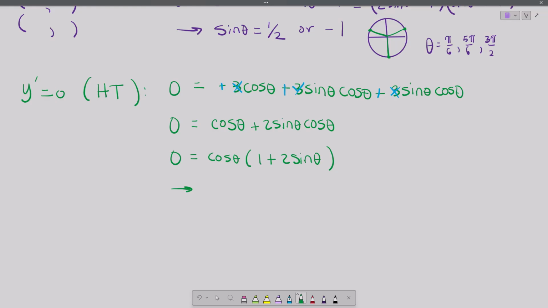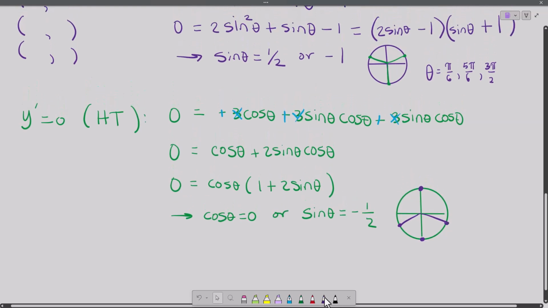This tells us that cosine of theta is 0, or sine of theta is negative 1/2. And if we go to our unit circle and figure out what the angles are that generate those values, cosine theta is 0, there and there. Sine of theta is negative 1/2 here and here.